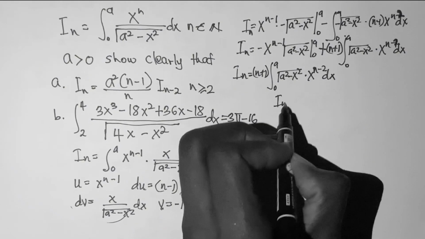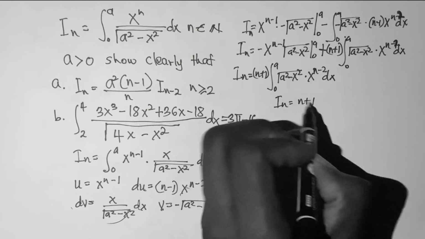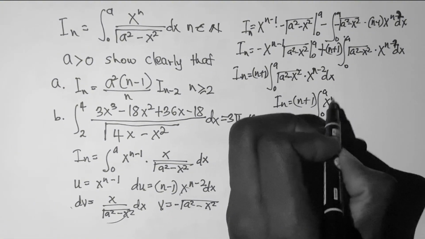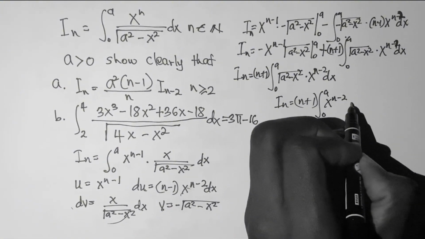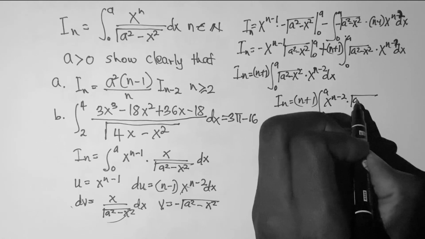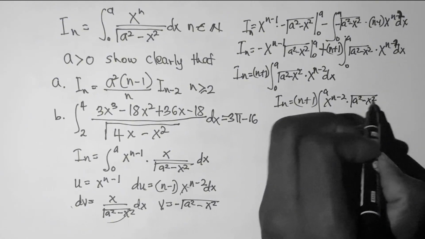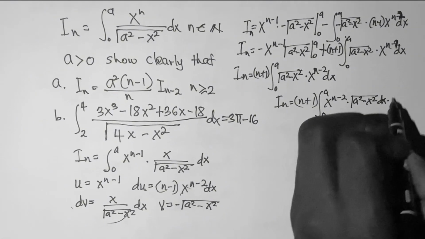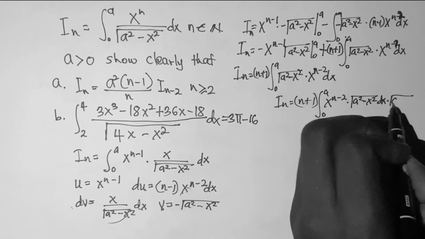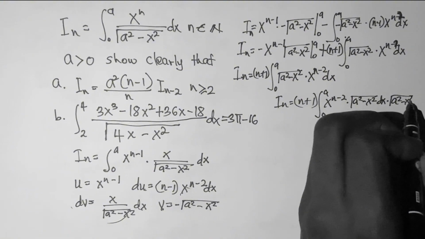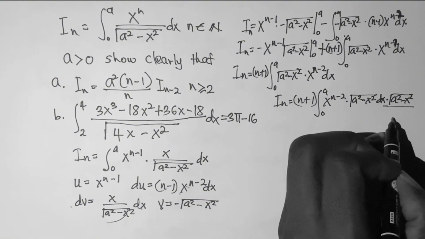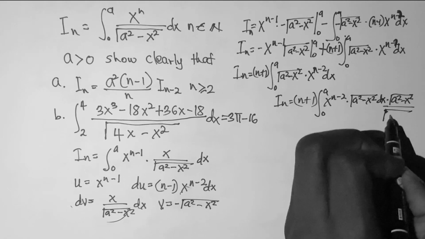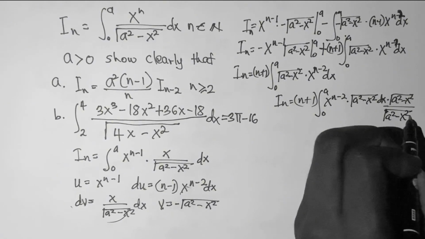So I of n is equal to n minus 1 times the integral from 0 to a of x exponent n minus 2 times the square root of a squared minus x squared dx. But I want to rationalize this by multiplying both the numerator and the denominator by the square root of a squared minus x squared.